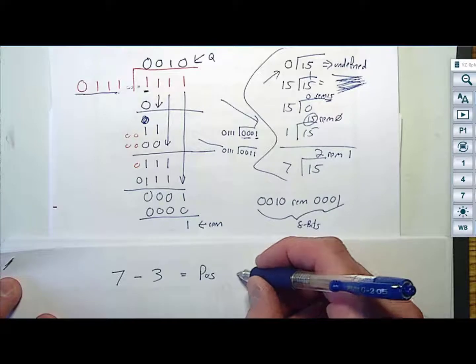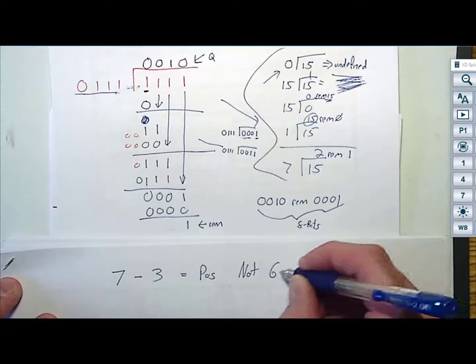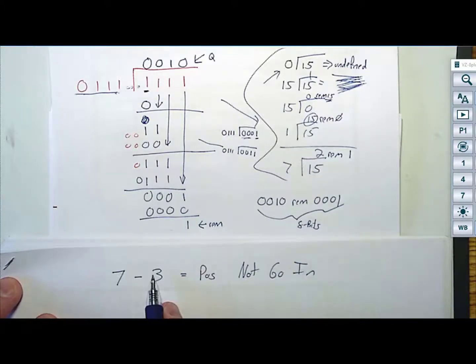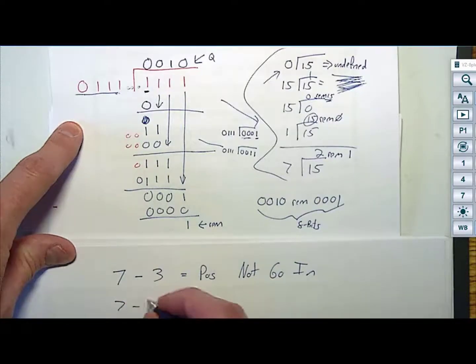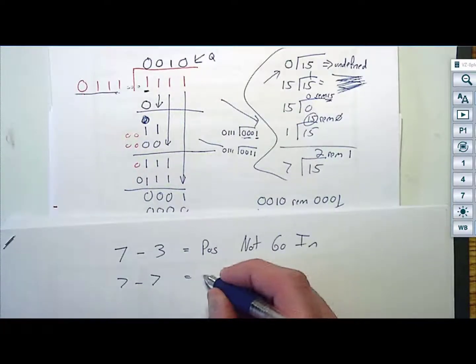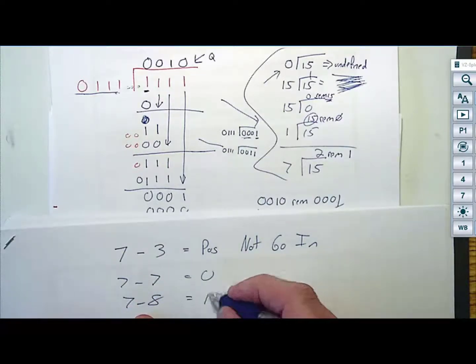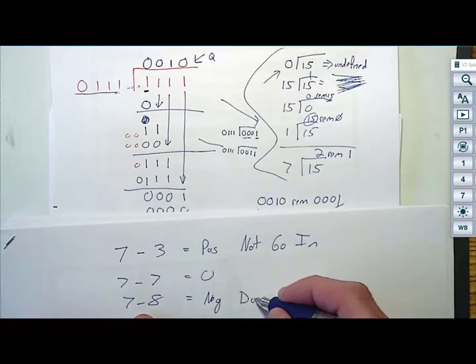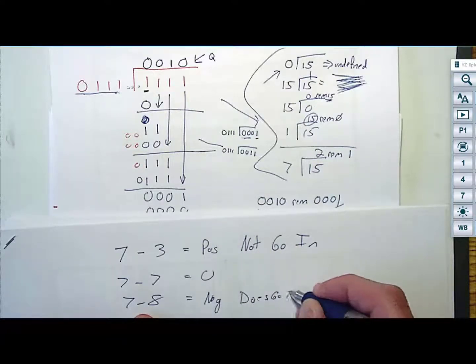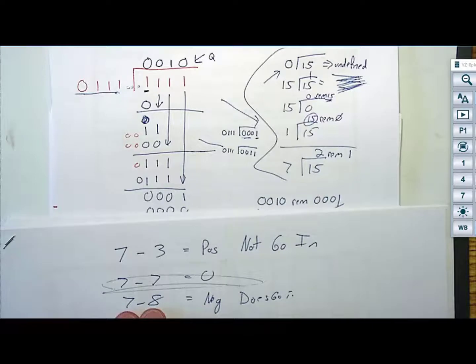That means it does not go in. But what if it was a bigger number, like 7 minus 7? That's equal to 0. That didn't work. What if it was 7 minus 8? Does it go in? The answer is it's a negative number. It does go in.